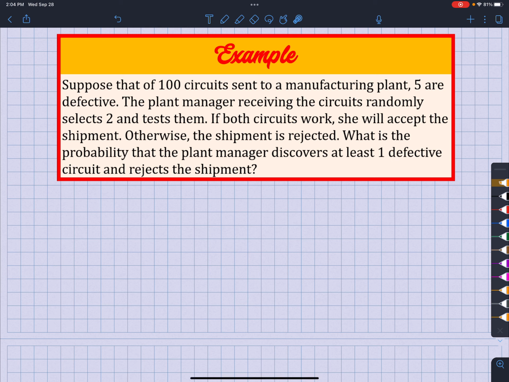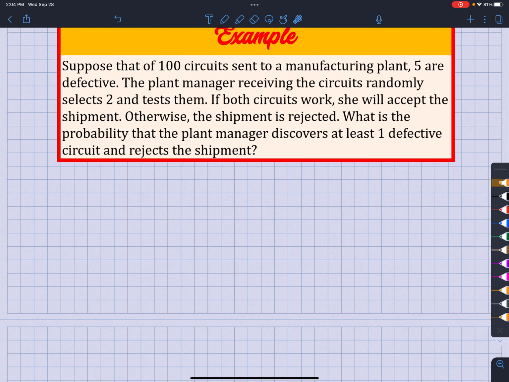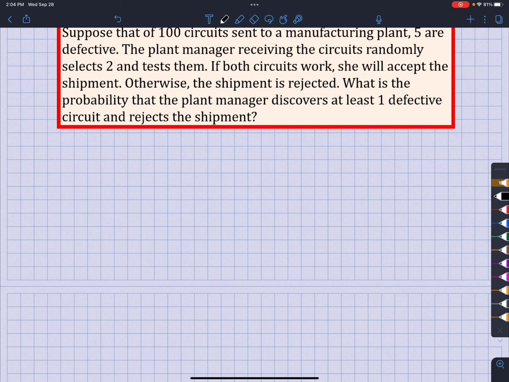All right, so there are 2 ways of looking at this. Let's look at the 2 methods. Method 1. If we look at method 1, I want to know the probability of at least one defective.